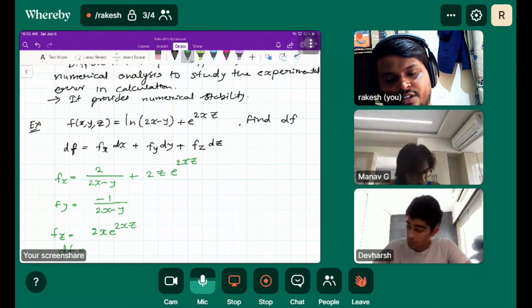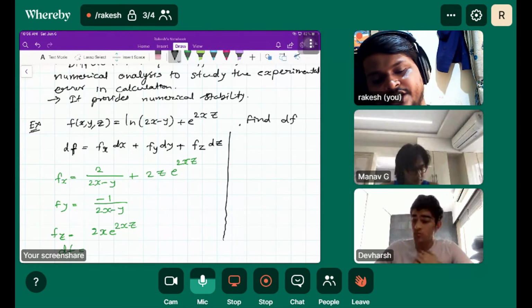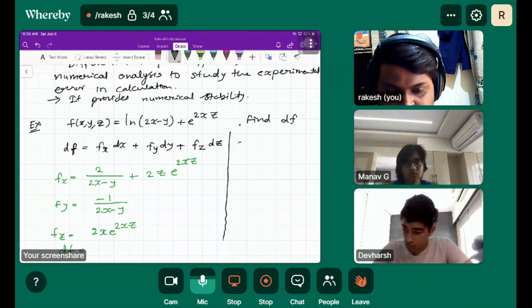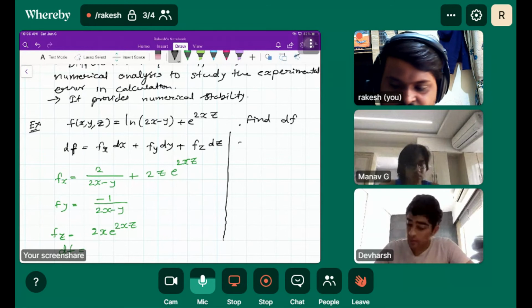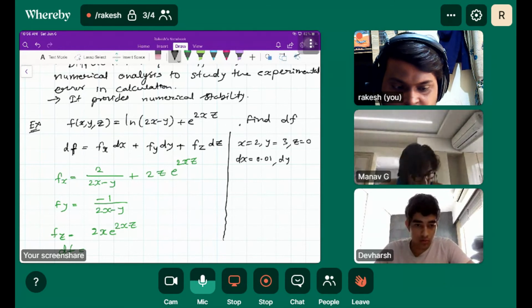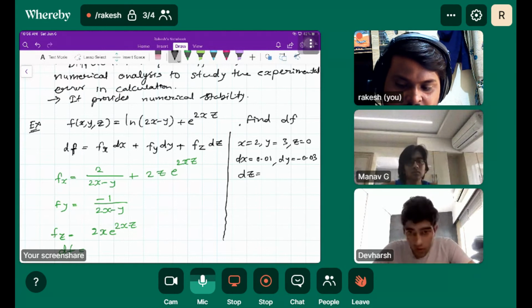And suppose in the question they give you the changes in x, y, z. Suppose x is 2, y is 3, z is 0, and the change in x is 0.01, the change in y is minus 0.03, and the change in z is 0.04.